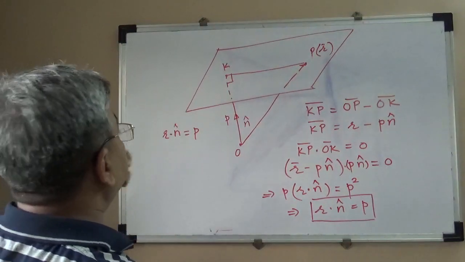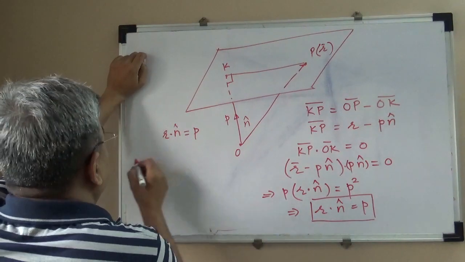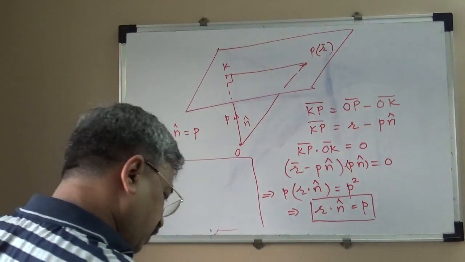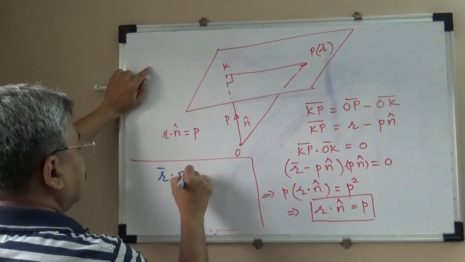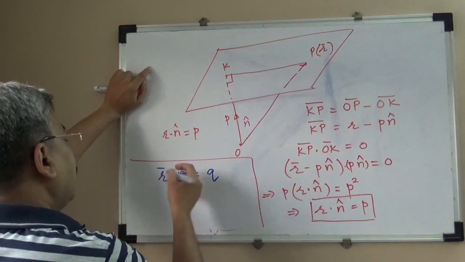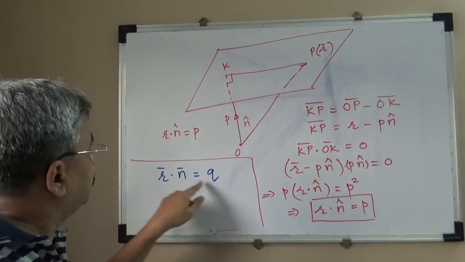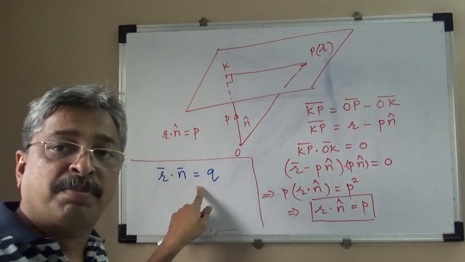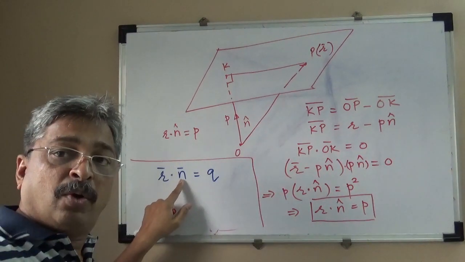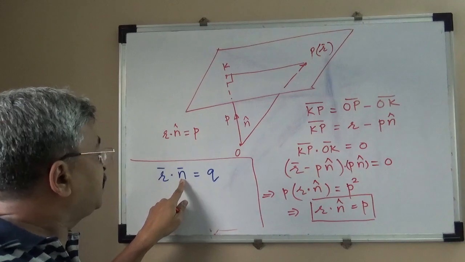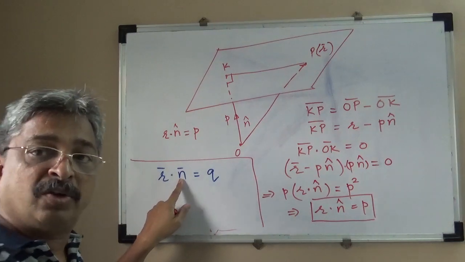Now suppose, just one variation here which we should understand, suppose I give you an equation looking like r dot n is equal to q, where n is a vector and q is a scalar, and n is not a unit vector. I can say that this is the equation of a plane perpendicular to vector n, but this is not having distance q from origin, because this is not unit vector.